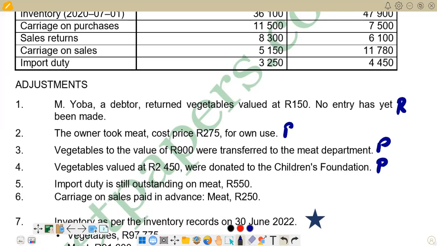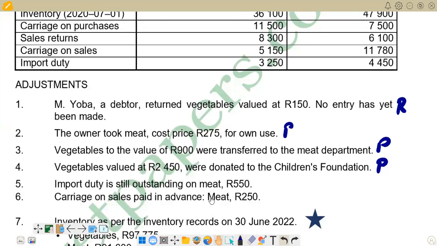We know that carriage on sales, we don't include them in the departmental account, so we are not concerned about this one. Carriage on sales is adjusted in the income statement under less operating expenses. So we are not going to adjust this one, and we go to the next one.